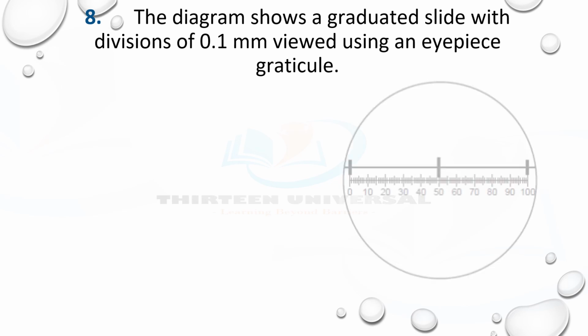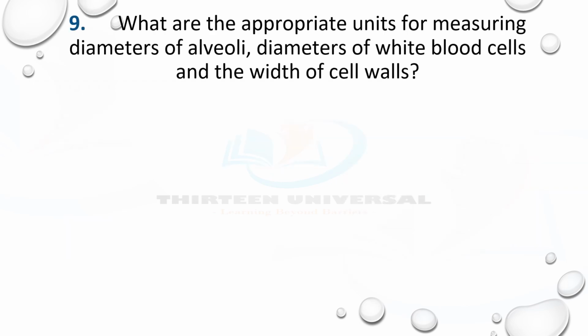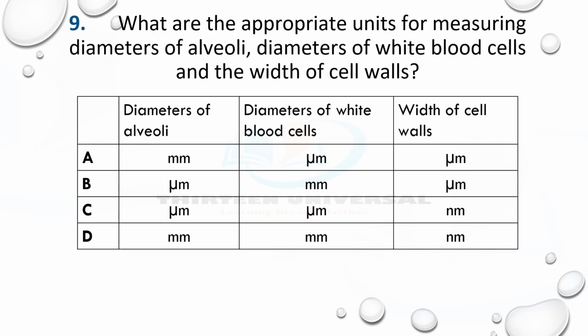Now look at this question. It is not complete, so we're going to solve it later. Let's go to number 9. What are the appropriate units for measuring diameters of alveoli and width? For cells, we measure using micrometers, tissues are measured using millimeters, and cells and larger organelles like nucleus and chloroplast are measured using micrometers.